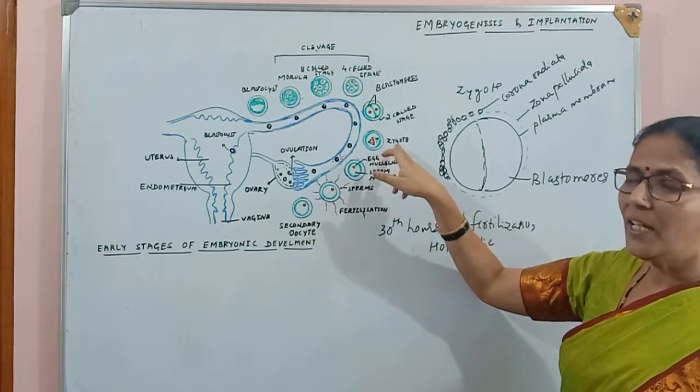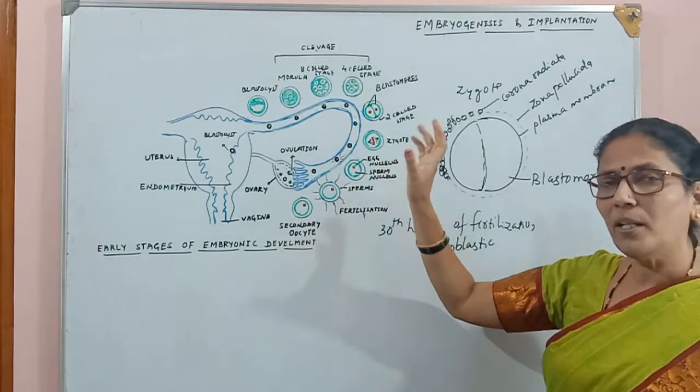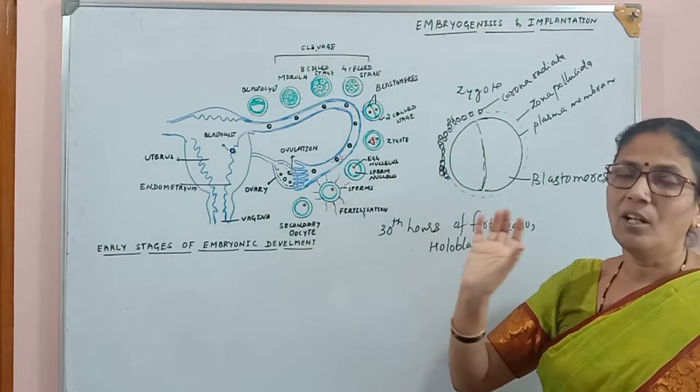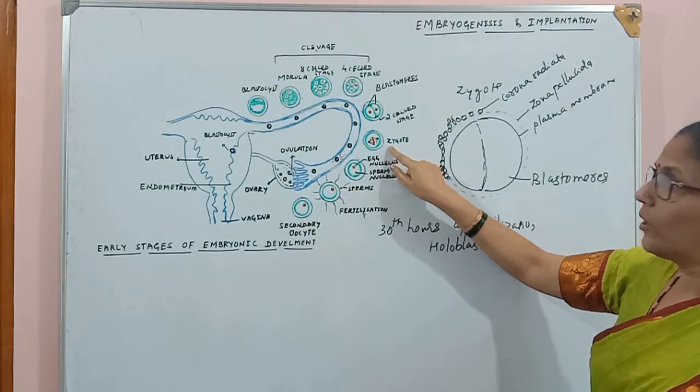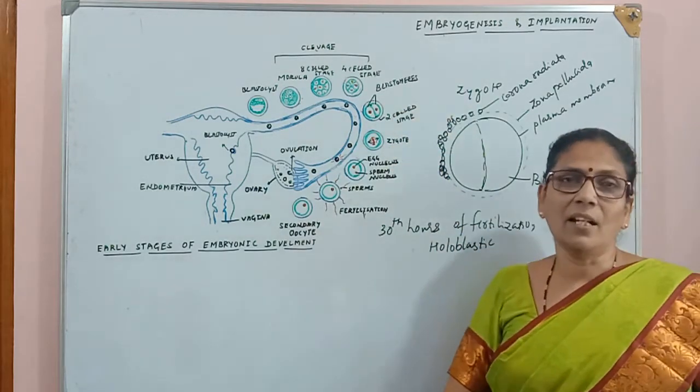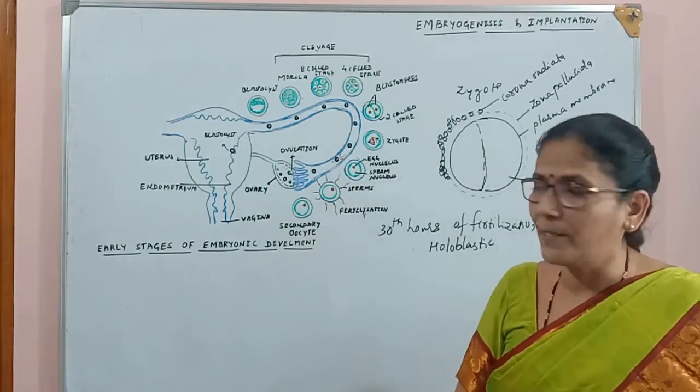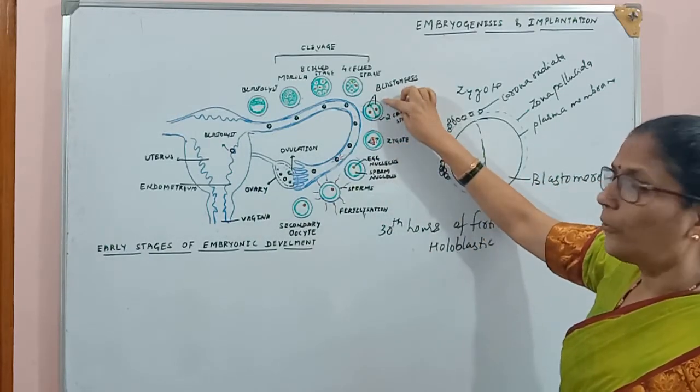The zygote is a single-cell diploid, the initial cell of embryogenesis. From the single-cell zygote, multi-celled embryo formation takes place. So now we have studied up to here.